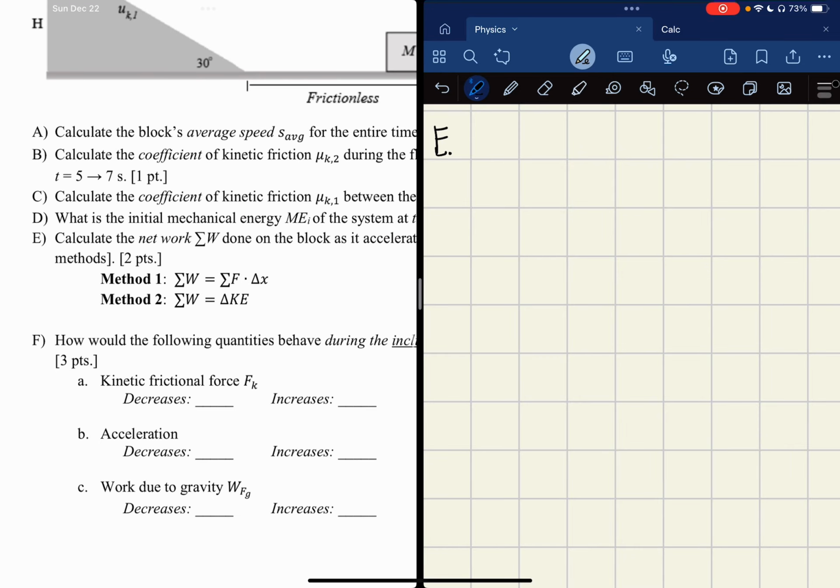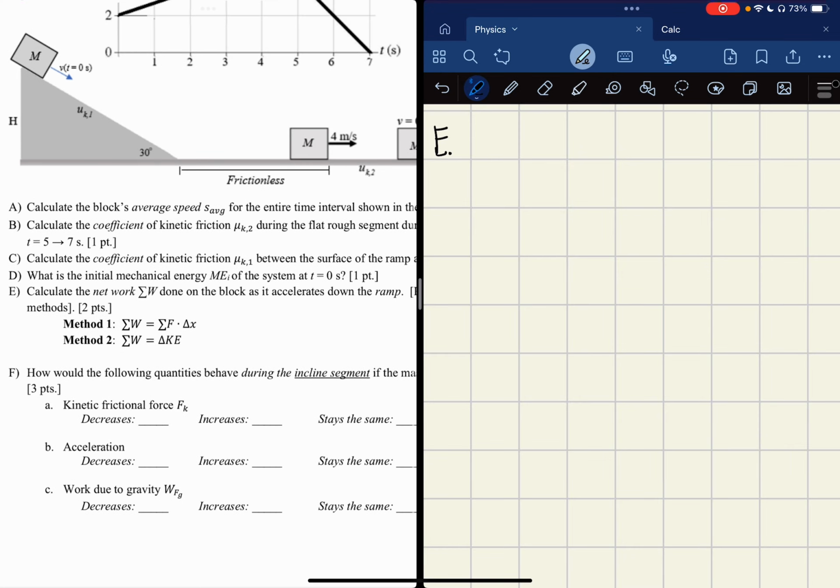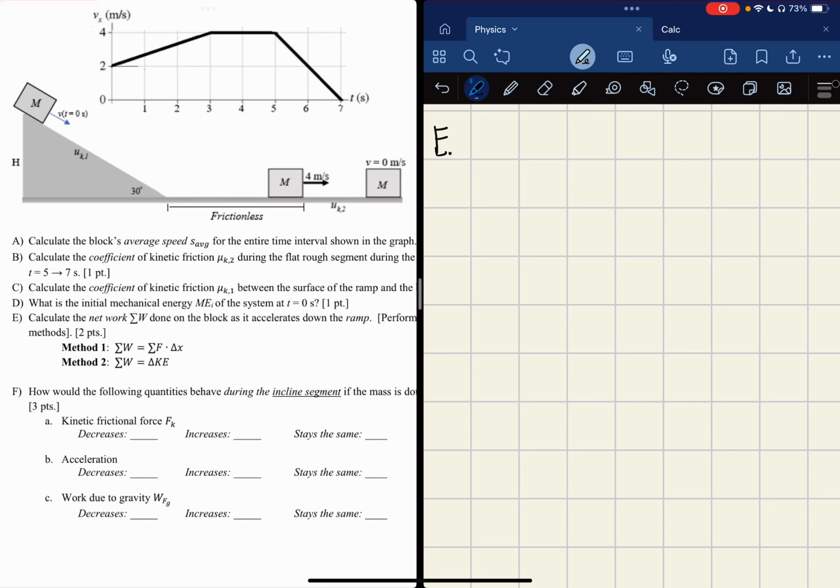Okay, it asks to calculate the net work done on the block as it accelerates down the ramp using both methods. So we'll start with this method first. Net work is equal to net force times delta x. So we know that net force down the ramp, there's friction, so it's equal to Fgx minus Fk.